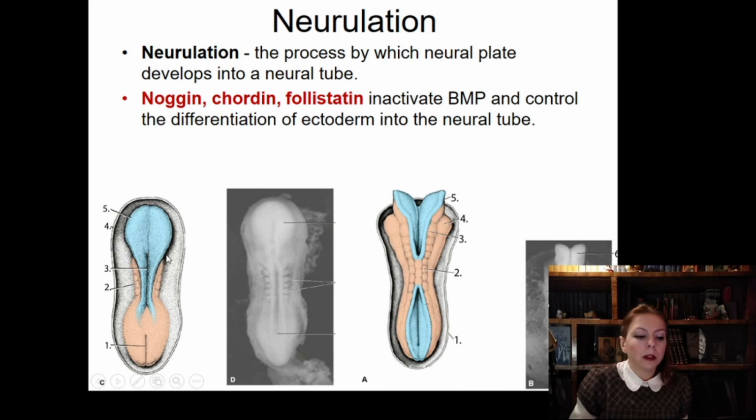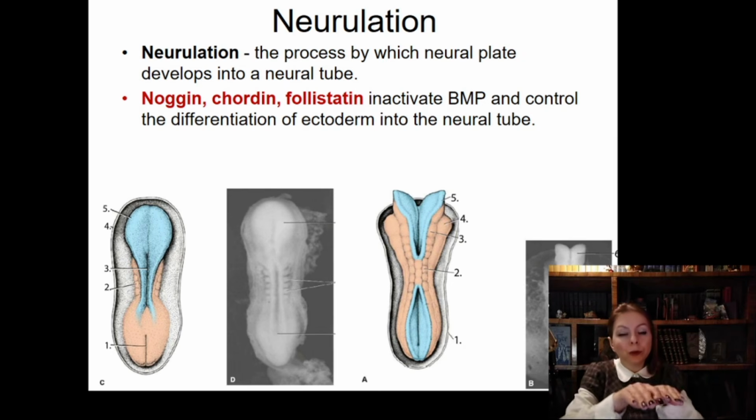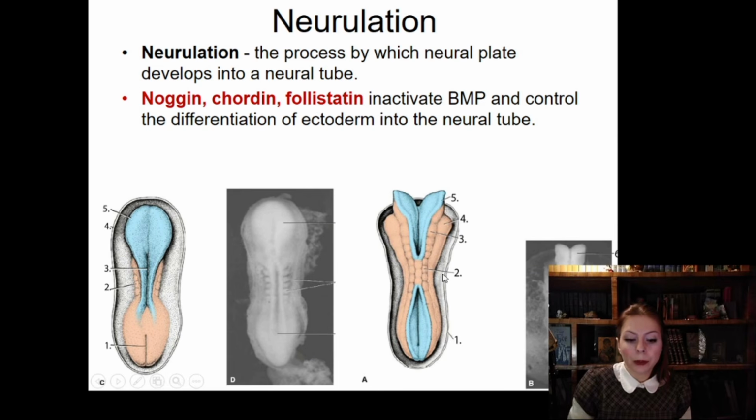Then the borders of this neural plate form grooves, they form folds, and those folds start to fuse in the midline of the embryo, and in this way the neural tube is formed. So the neural plate forms the neural tube.